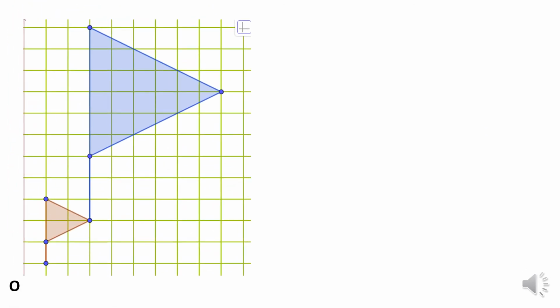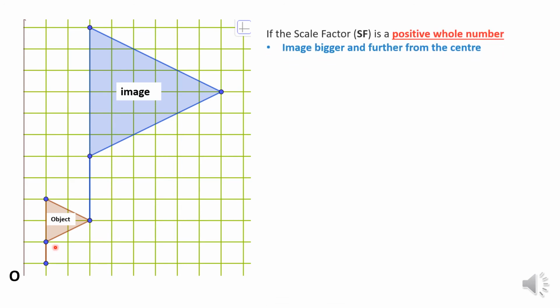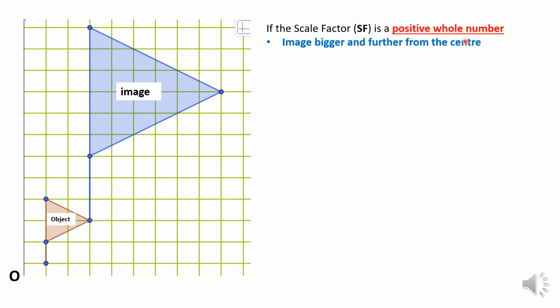Right, so 3 things worth mentioning. Here you have got the object, you have got the image. This has obviously been enlarged, and the center is given. Can you see that when the scale factor is a positive whole number, like 2, the image is much bigger, and also much further from the center. This is, for example, a scale factor of 3.